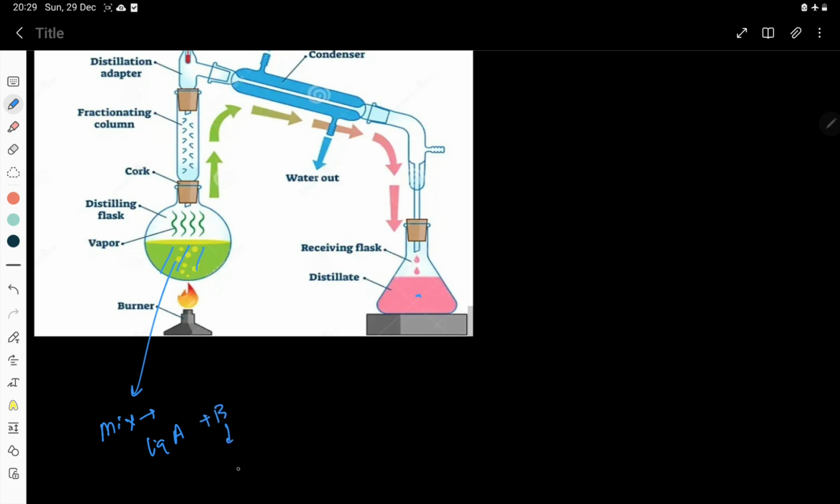This component has lower vapor pressure, and this component has higher vapor pressure, so this will evaporate faster and come here.